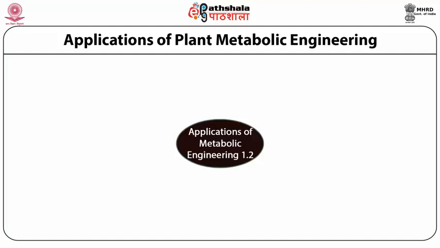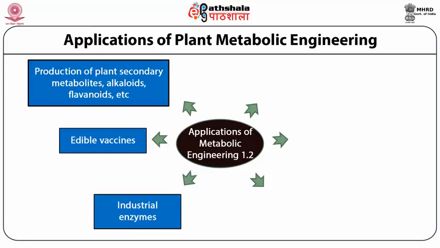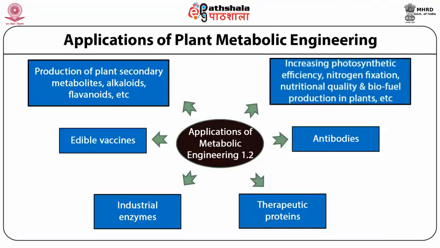Some of the most important ones are production of plant secondary metabolites, such as alkaloids, flavonoids, etc., production of edible vaccines, industrial enzymes, therapeutic proteins, antibodies, and recently scientists started using more complicated metabolic engineering for increasing photosynthetic efficiency, nitrogen fixation, nutritional quality, and biofuel production in plants.